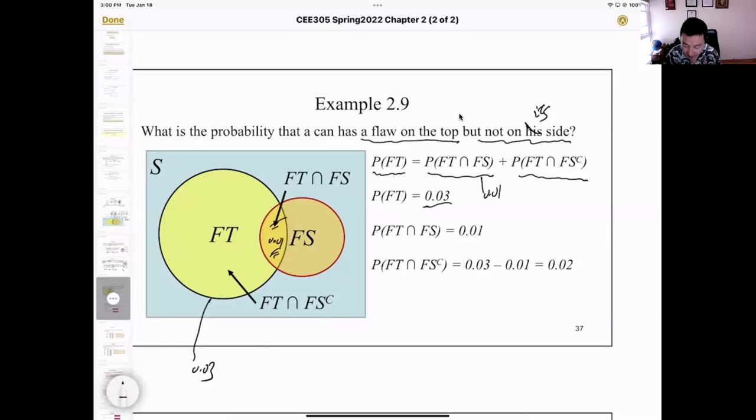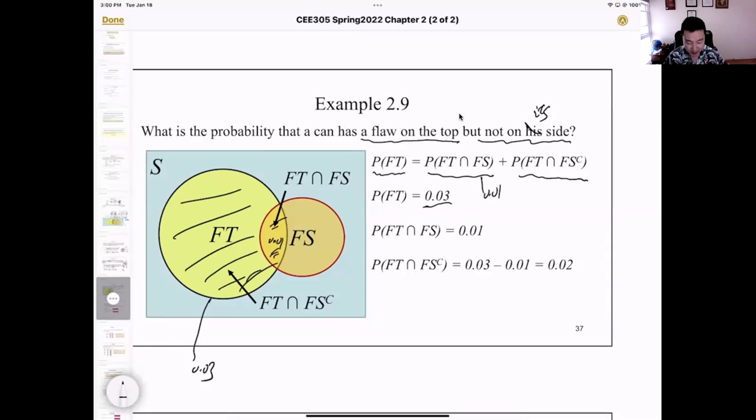What is this? This is the property has a floor on the top, half circle facing down, and FSC. FS means floor on the side, C means not. So not has a floor on the side, which is actually this area.